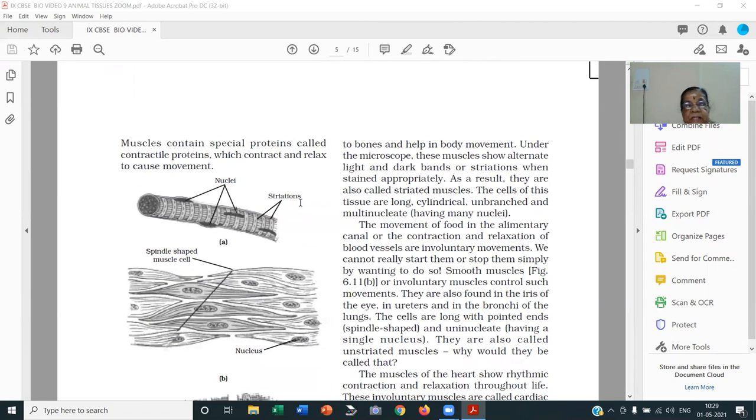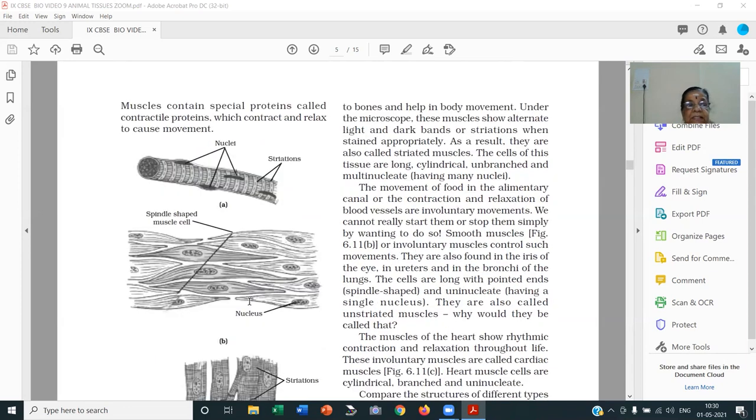I hope you can see the labeling: striations, dark and light bands. And then it has nucleus. They are multinucleated.